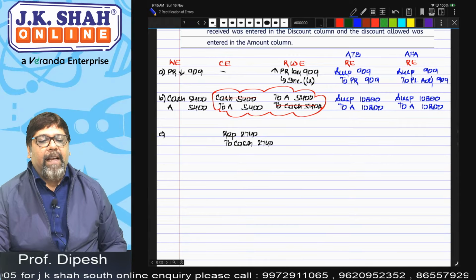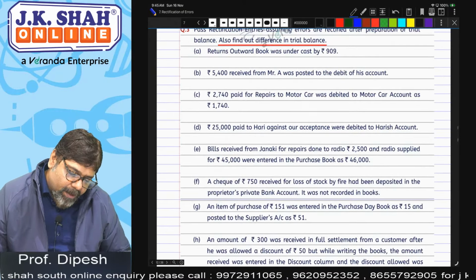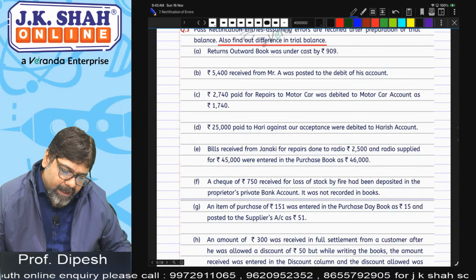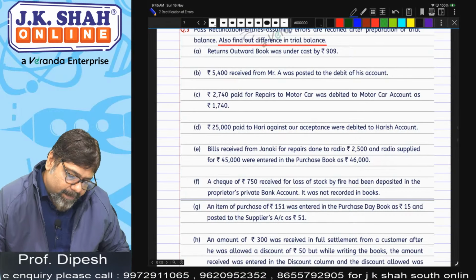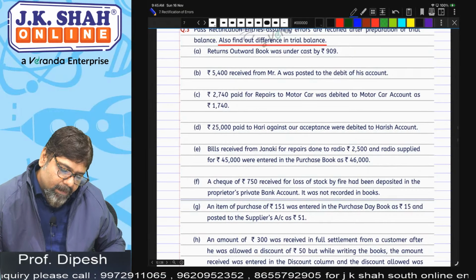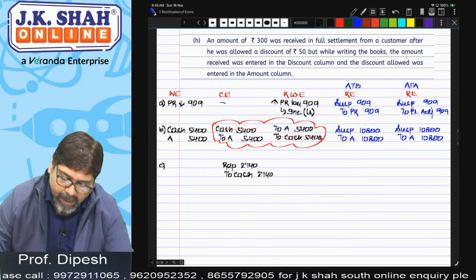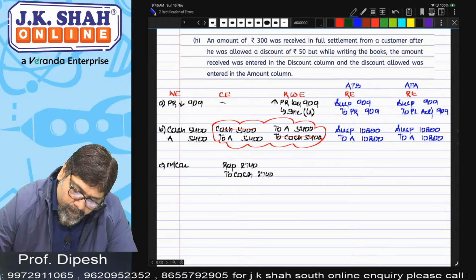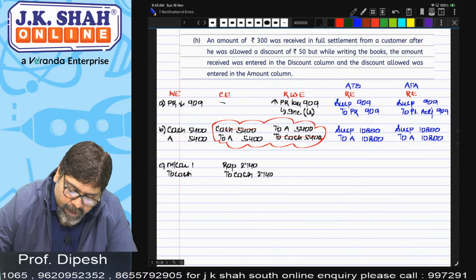Instead of repairs, what have you debited? Instead of repairs, you have debited motor car 1,740. Motor car to cash, but motor car 1,740.